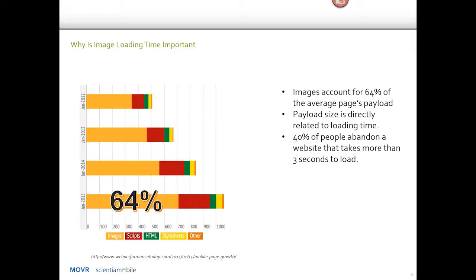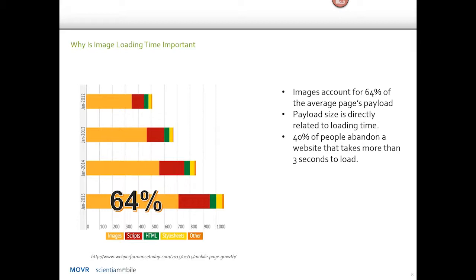So why is image loading time important? Well, images account for about 64% of a page's payload. If you look at a website today, we've got some data here from HTTP Archive, and they have measured this over several years, and 64% of the average website is images.